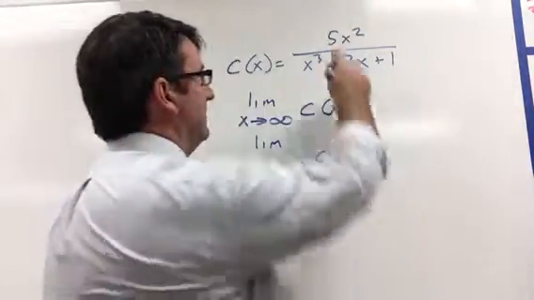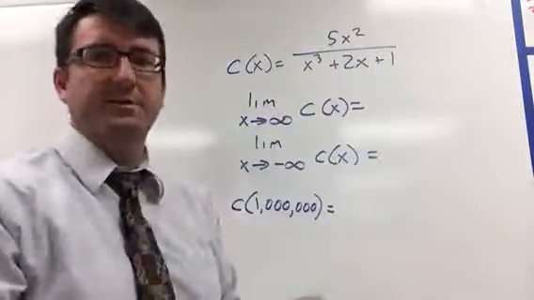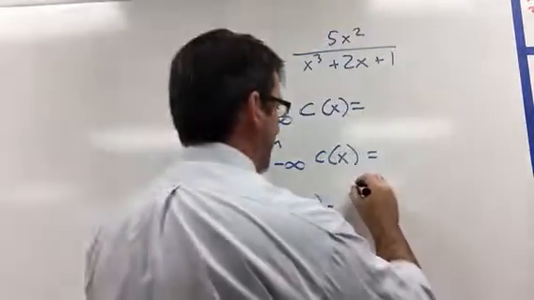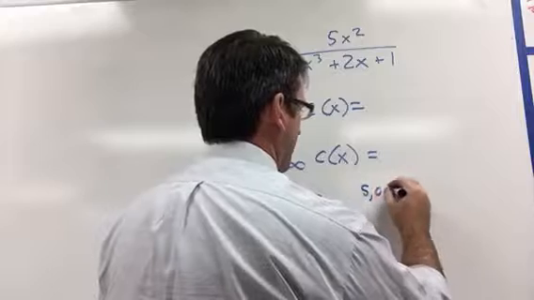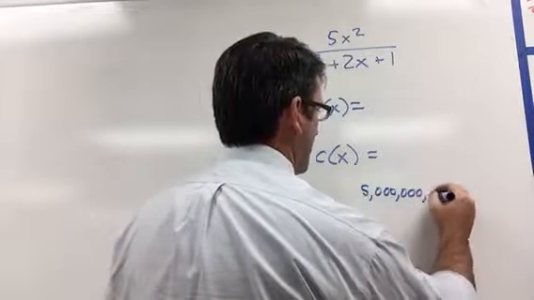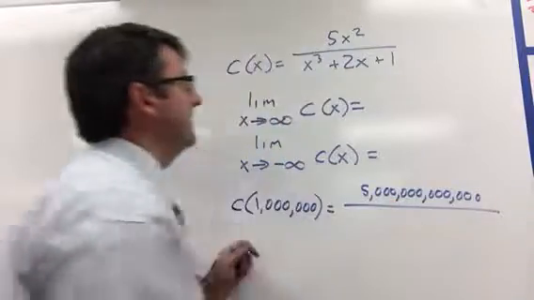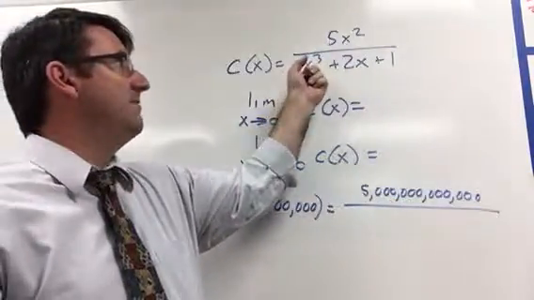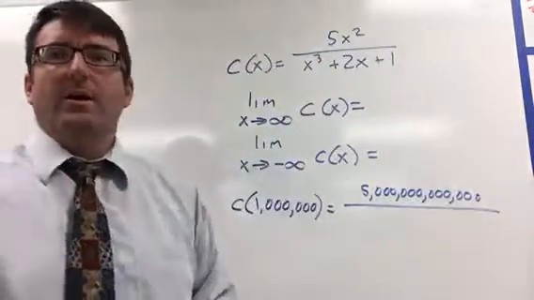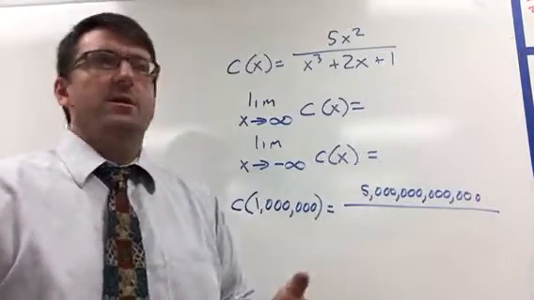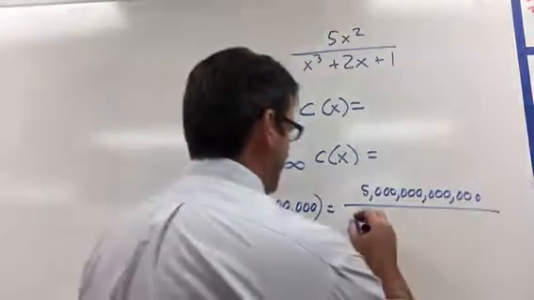So if we plugged in 1,000,000, C of 1,000,000 is going to equal, well, 1,000,000 squared is 1,000,000,000,000 times 5 is 5 trillion. And then on the bottom, we've got 1,000,000 cubed. Well, that's going to be 1 quintillion.